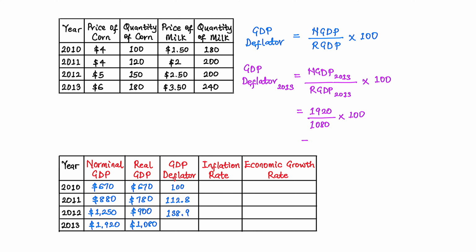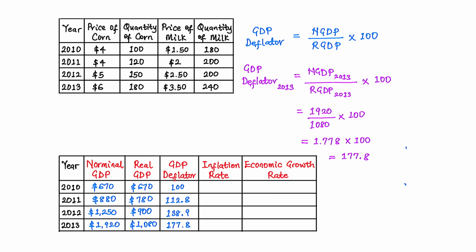So simplifying, we have 1,920 divided by 1,080 equals 1.7778 times 100. So that equals 177.8. So GDP deflator for 2013 is 177.8. And this is the calculation of the GDP deflator.